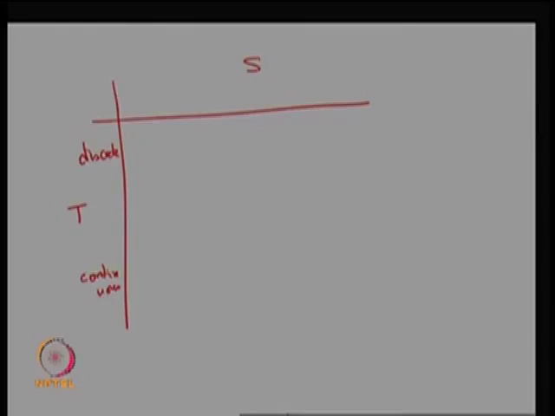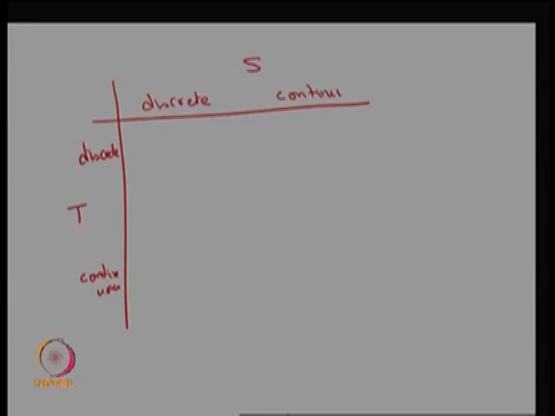Similarly, if the possible values of S are countably finite or countably infinite, then the state space is called discrete. Similarly, if there are uncountably many values, then it is called continuous.